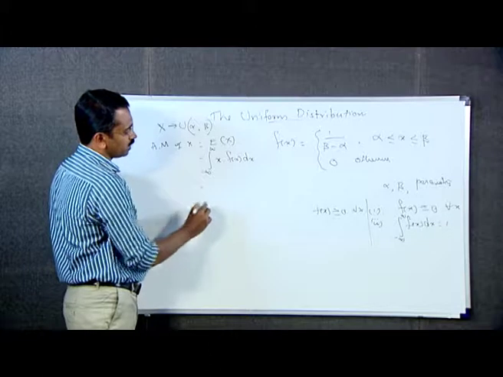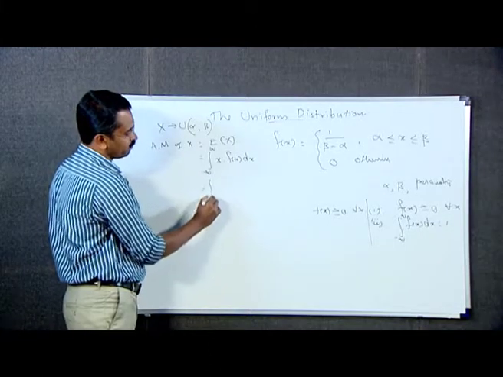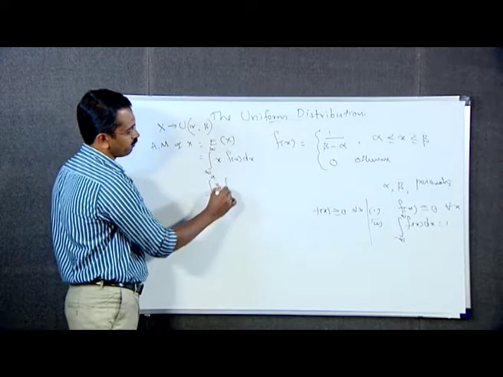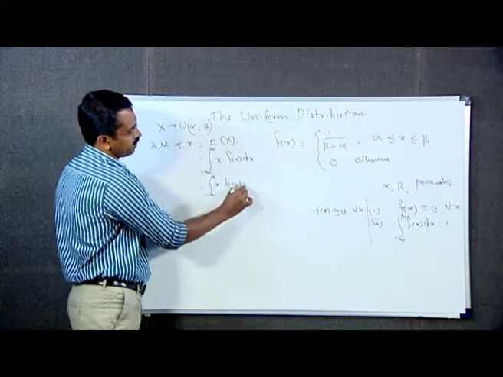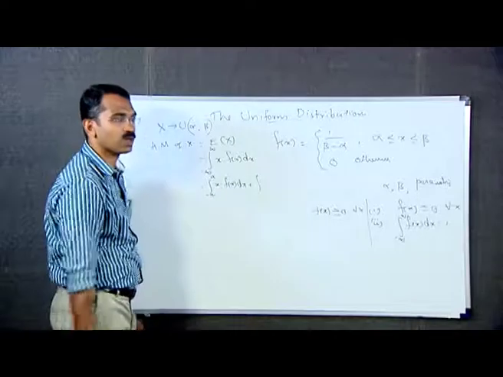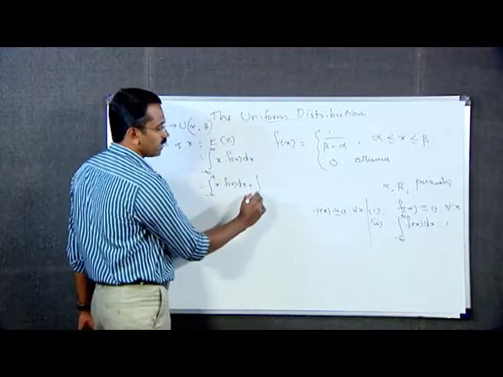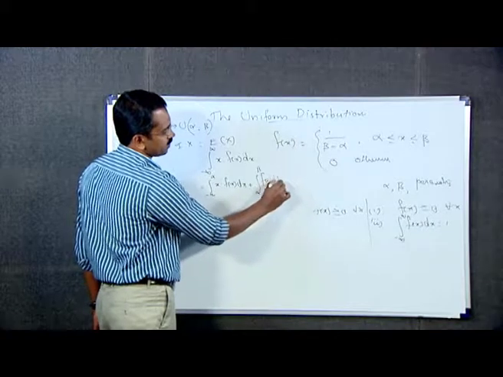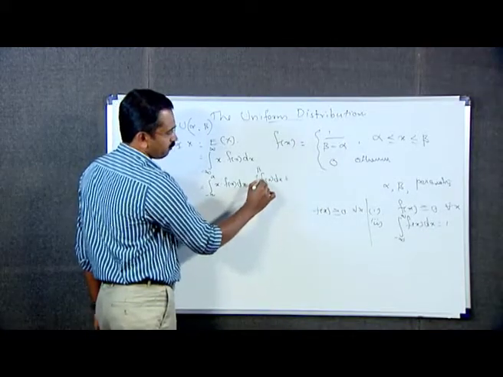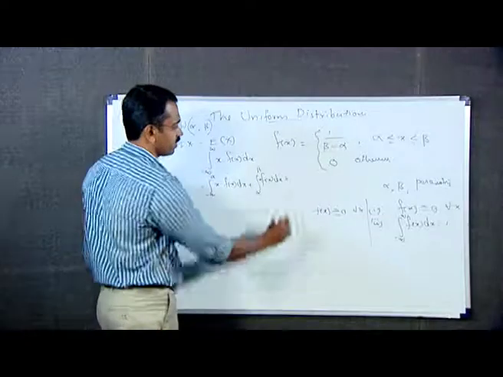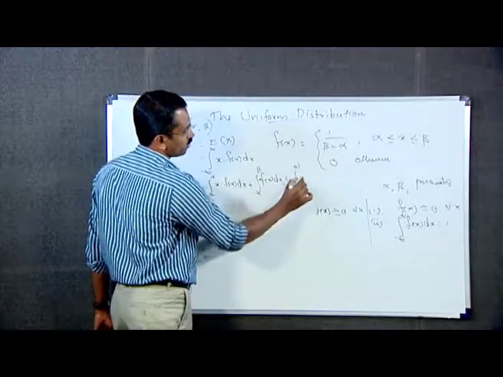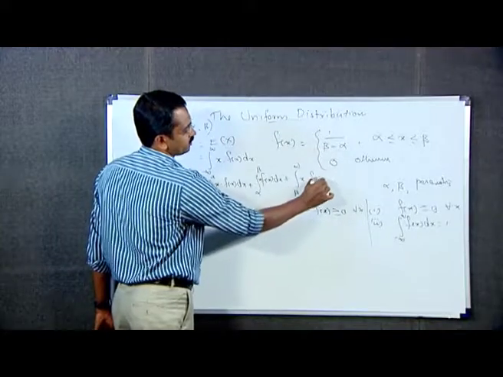That is equal to integral from minus infinity to alpha x into f of x dx plus integral from alpha to beta x into f of x dx plus integral from beta to infinity x into f of x dx.